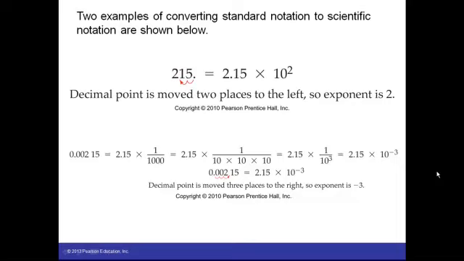If we start out with a small number and we have to move our decimal place to the right, in this case 1, 2, 3 positions, this is like saying that we have 2.15 times 1 over 1,000, or 1 over 10 times 10 times 10, or 1 over 10 to the third. And so we can say that this is 10 to the -3. That indicates that if we're putting this back into standard notation, we would have to move our decimal place back to the left and recover our small number.